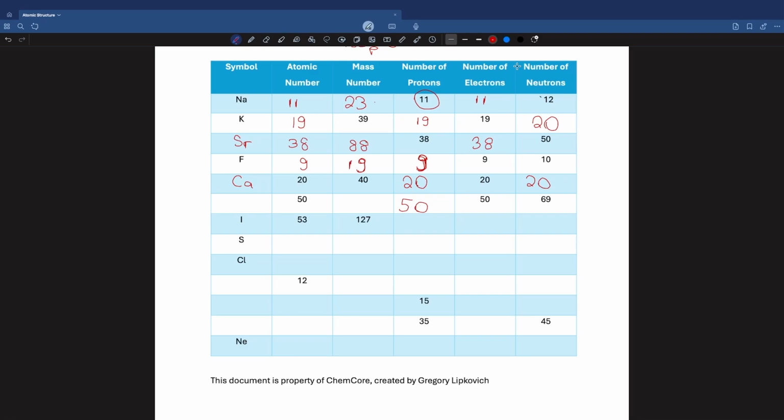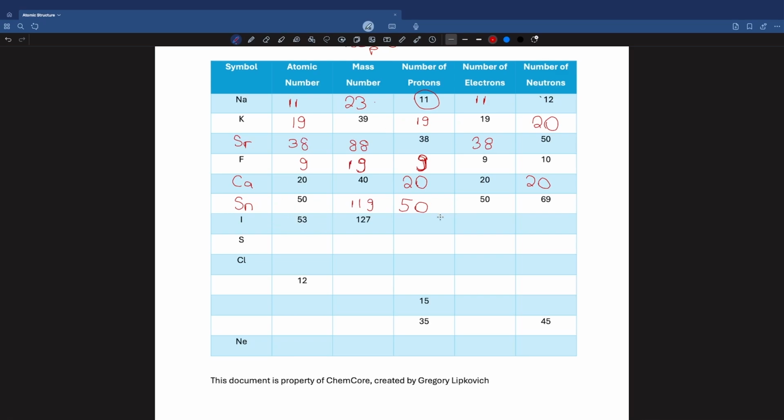Not too good at math. 50 plus 69, 119. And using our periodic table, we can determine that 50 is the element tin, or the symbol for it is Sn. Excellent.